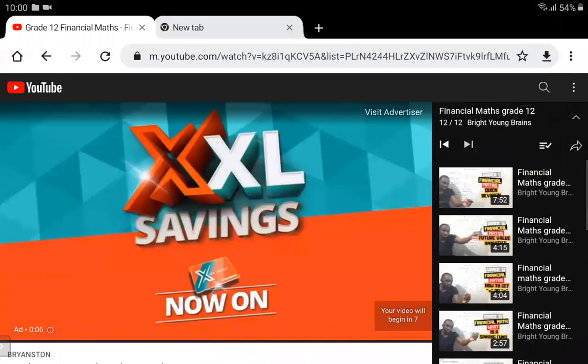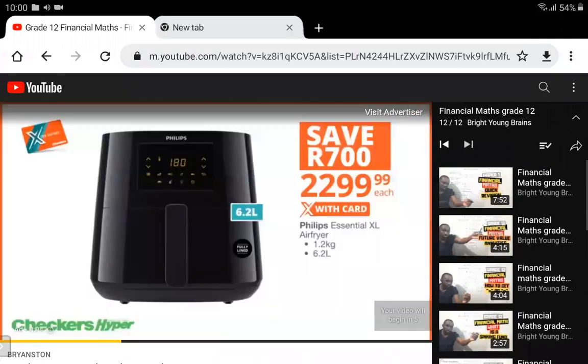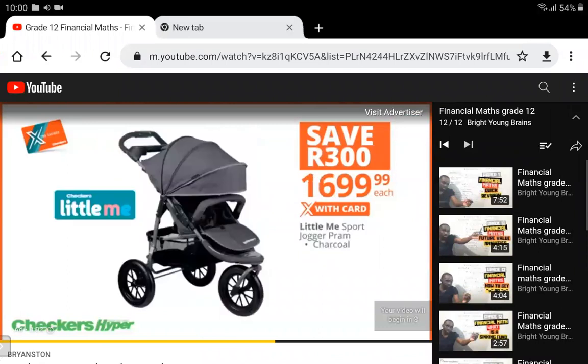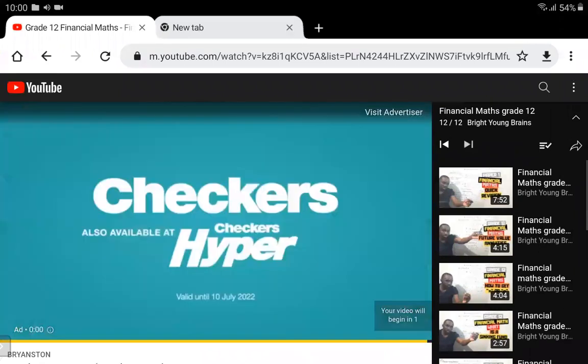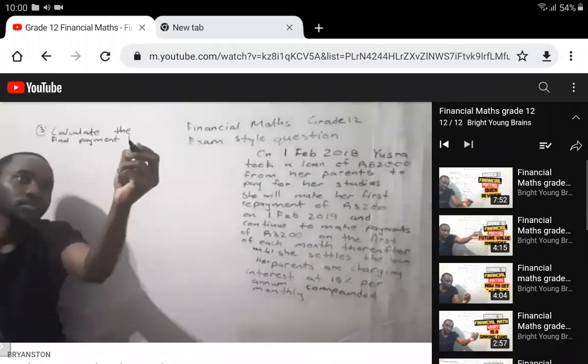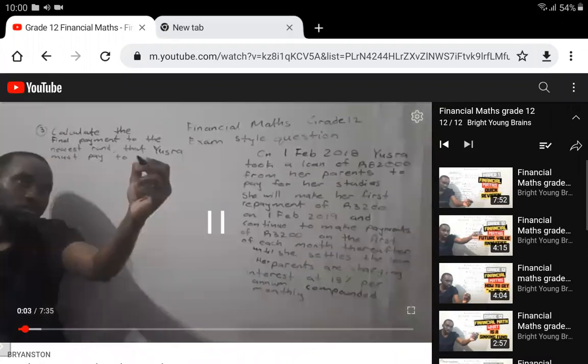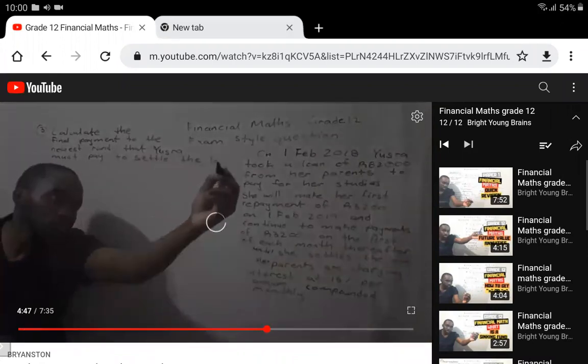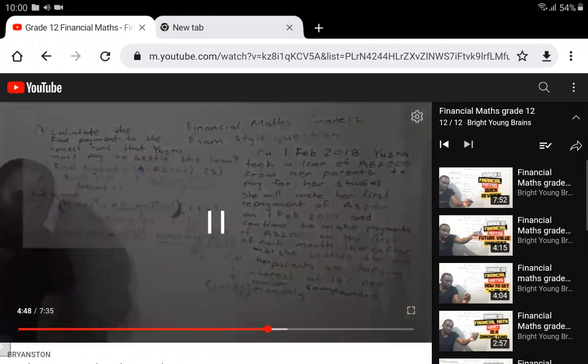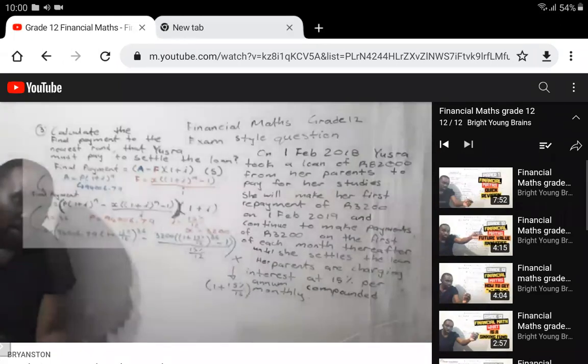So with that being said, the formula that we are going to show looks a bit long, but it's all that you need to know when you work out the final payment on a loan. The final payment, this is all you need to remember. It's A minus F, and then you have 1 plus i.